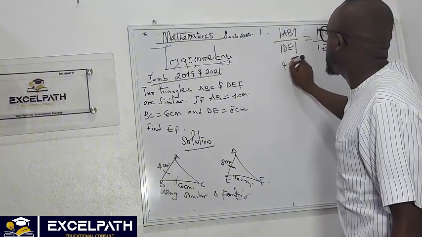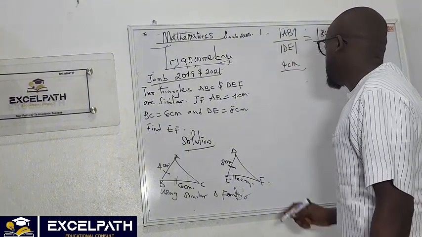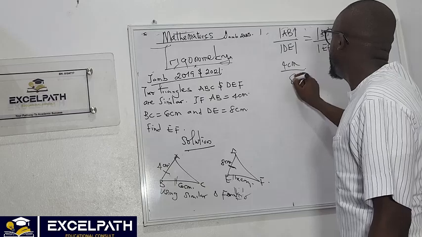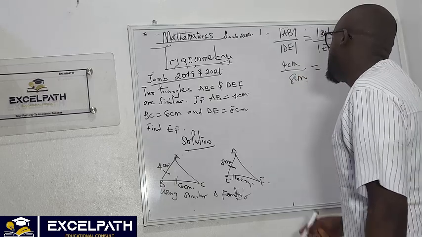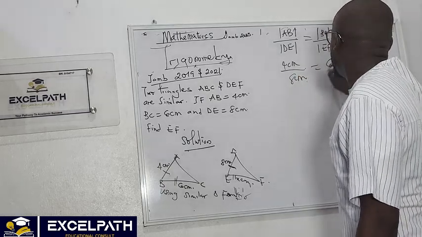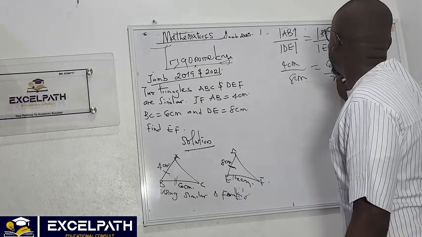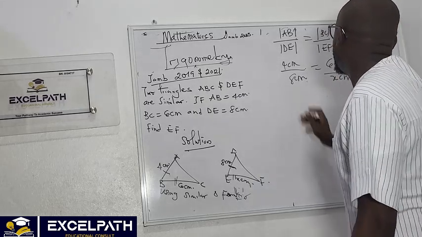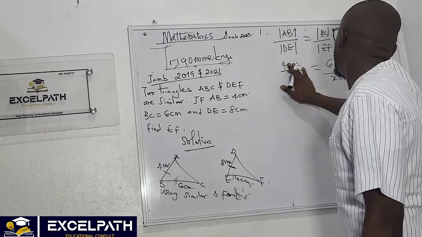Line AB is 4 cm over line DE, 8 cm. Line BC is 6 cm, line EF is x cm. Let's just remove the cm so that you're not confused.